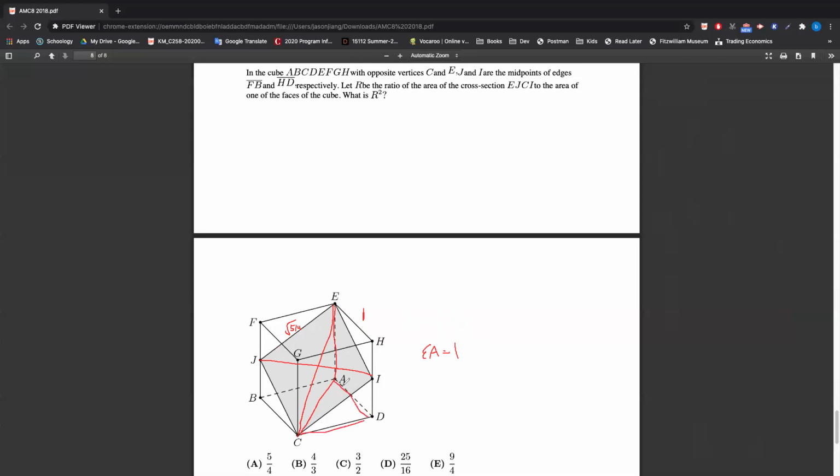AC squared equals 1 squared plus 1 squared, which is 2. So AC must be the square root of 2. Now back to EC. EC squared is 1 squared plus the square root of 2 squared. That's 3. So EC must be the square root of 3.